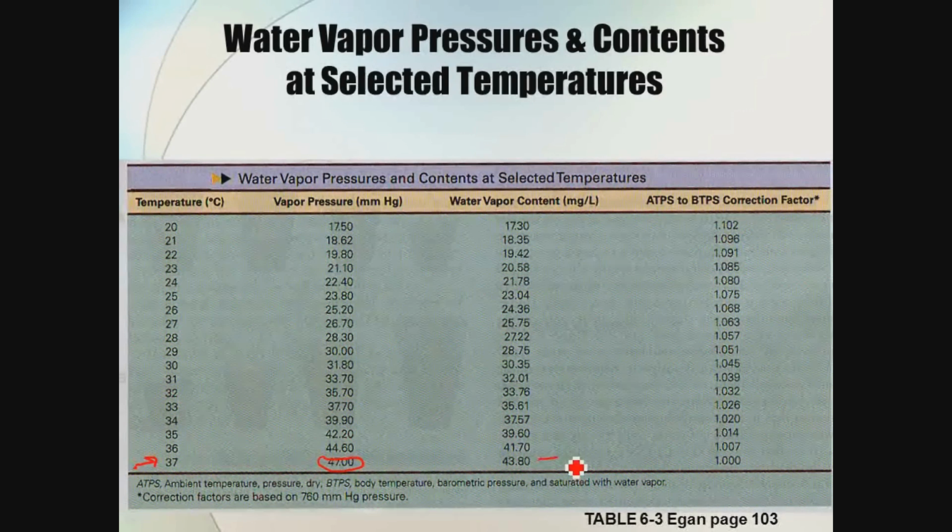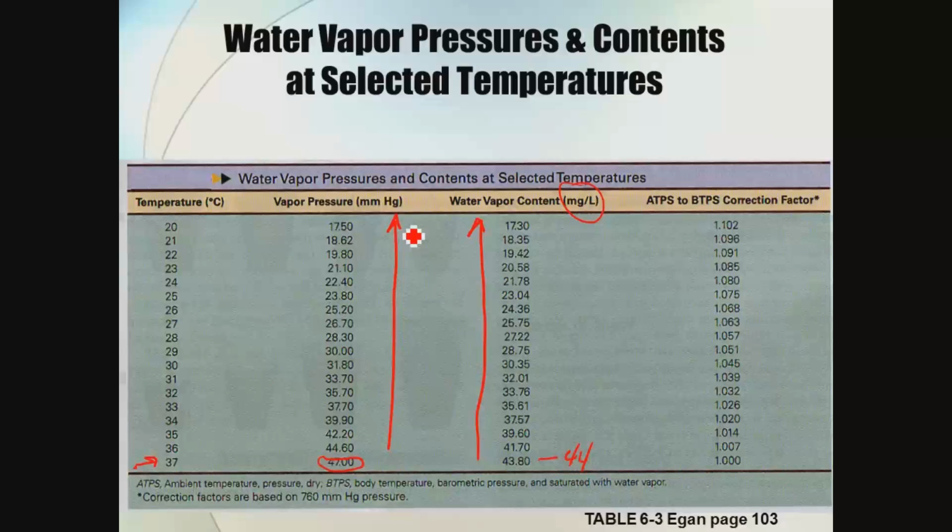We got 43.8. We said it was 44 milligrams per liter. As you get cooler, those values fall. Okay? So water vapor that is present is dependent upon the temperature of the gas.